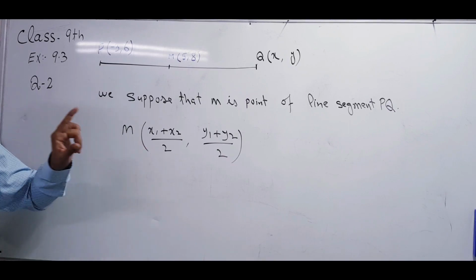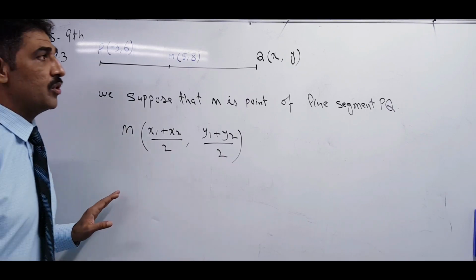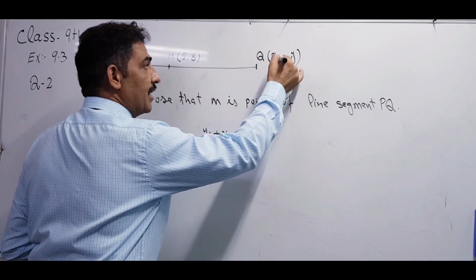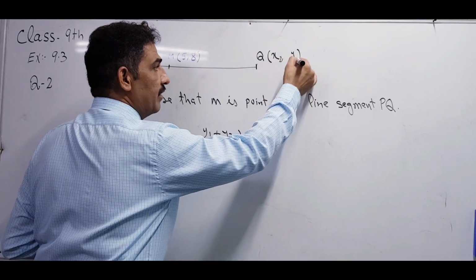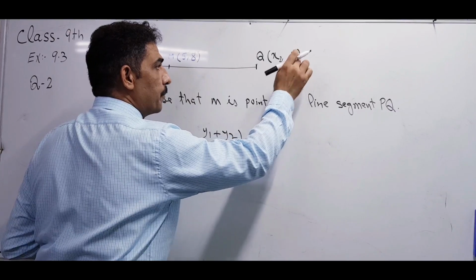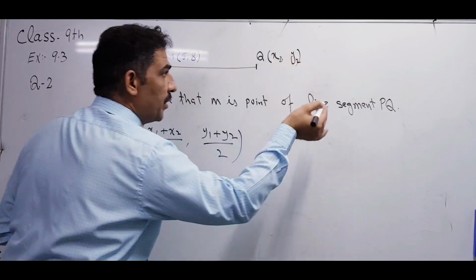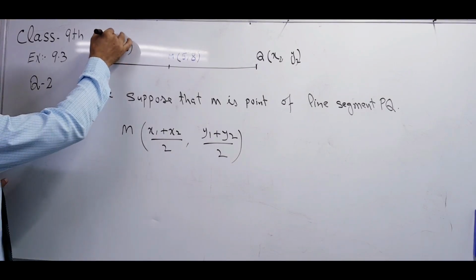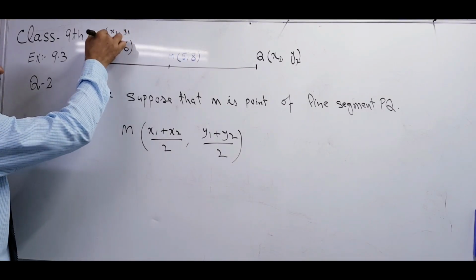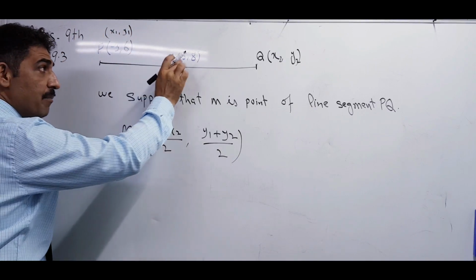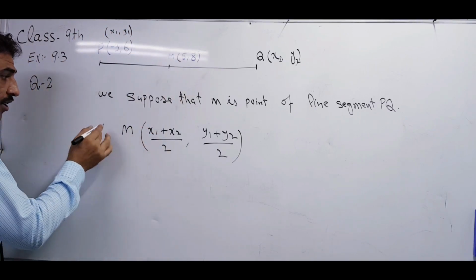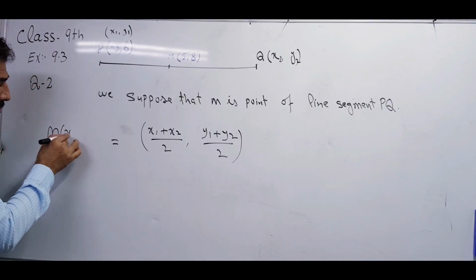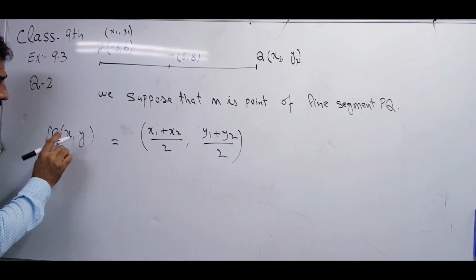According to this formula, maybe you are confused, so you have to assume that this one is x2 and this one is y2, because as I explained in the formula, at this point P you assume that this is x1 and this is y1, and M is the midpoint, equal to the coordinate x, y.